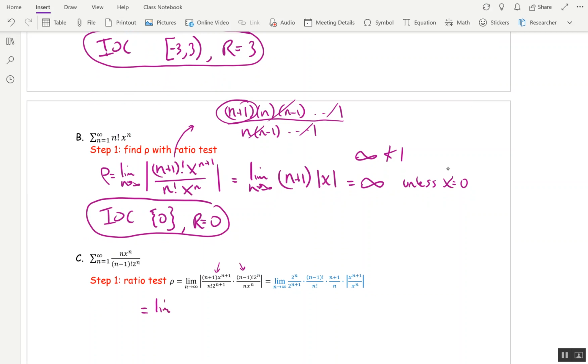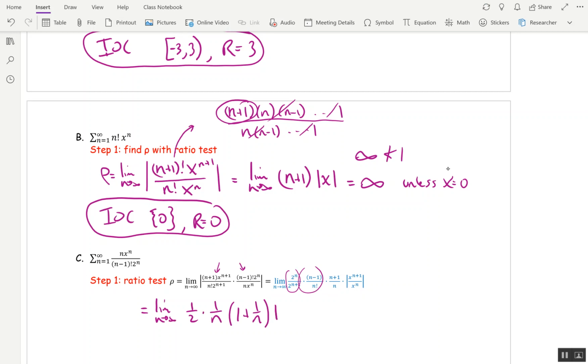So this is the limit as n goes to infinity. I'm going to have a 1/2. That's what this gives me. Then n minus 1 factorial over n factorial simplifies to 1 over n. So that's from this. And then I've got n plus 1 over n. I'm going to write that as 1 plus 1 over n, 2 fractions.